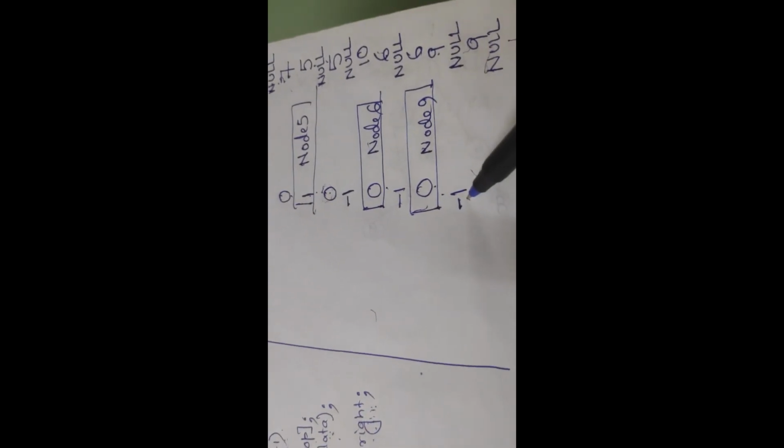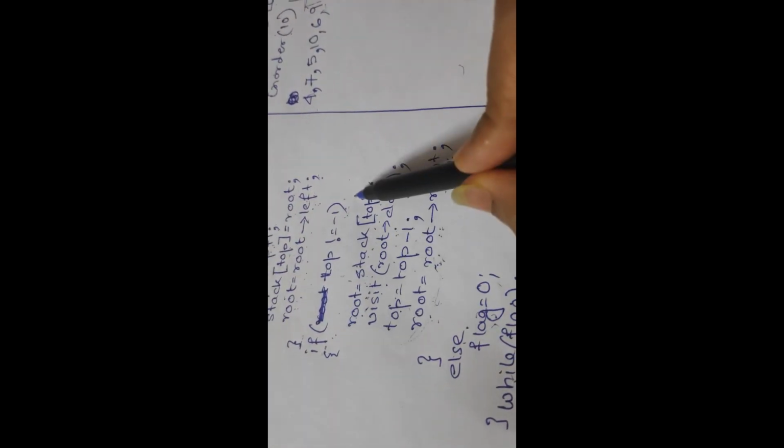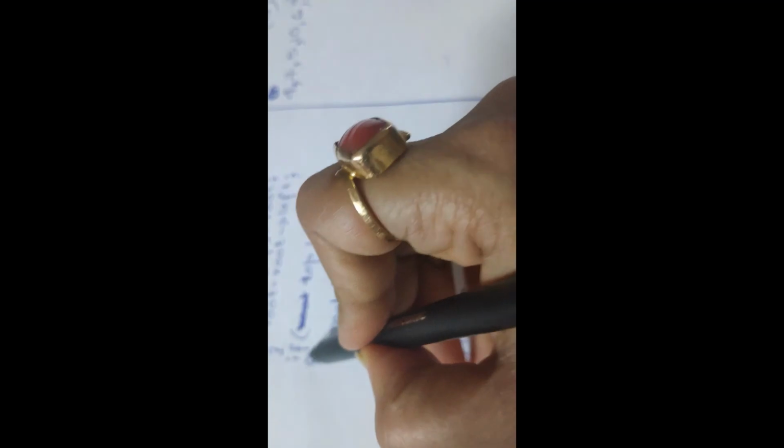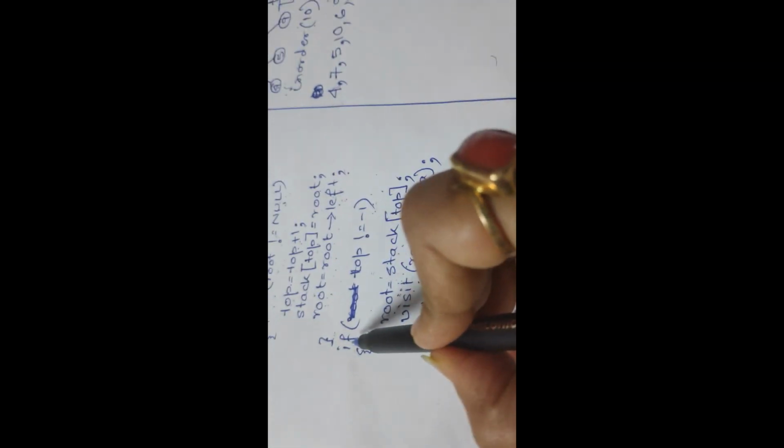We come to the if condition. If top not equals to -1. But what is the value of top over here? Top is -1. So this condition also becomes false. So as a result, since this if condition becomes false, we come to this else part.